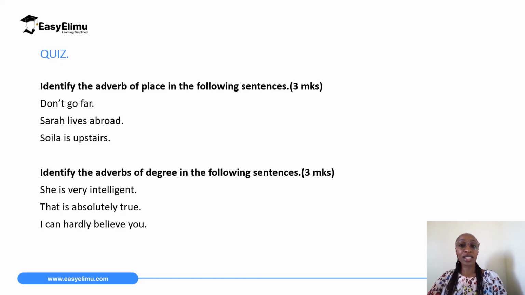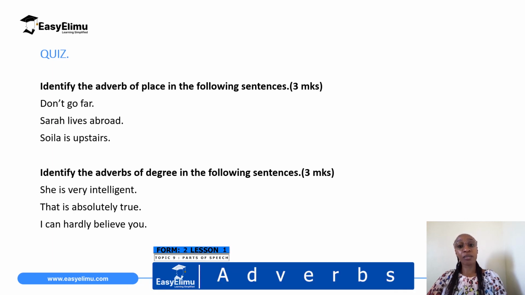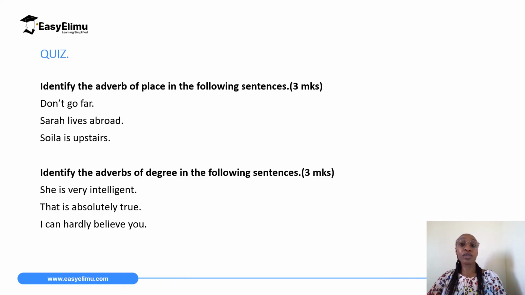So that's it for this session. I hope you're now able to confidently talk about the four adverbs: adverbs of manner and adverbs of time that you learned in Form 1, and now adverbs of place and adverbs of degree. You are able to distinguish all the four, give examples of each, and also construct sentences.